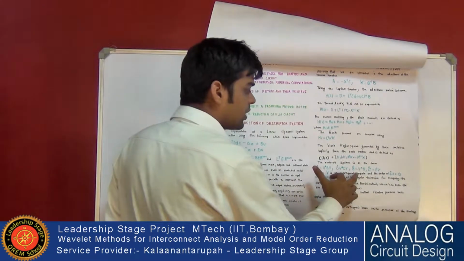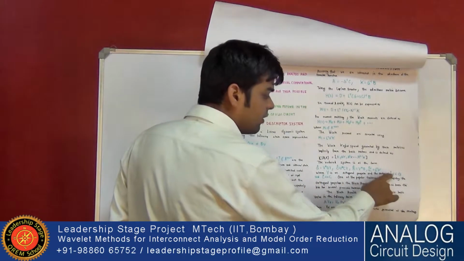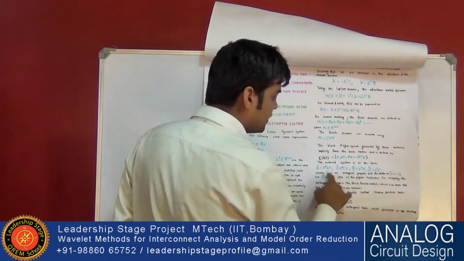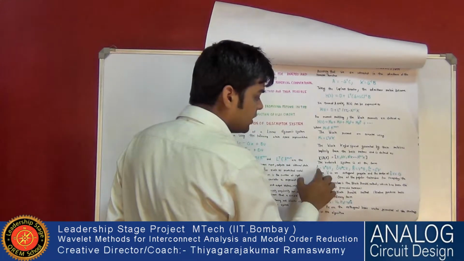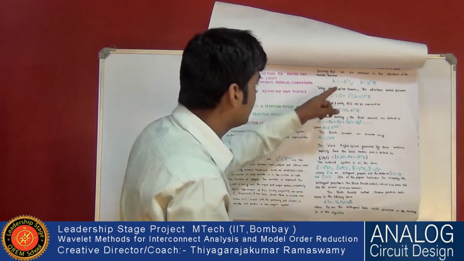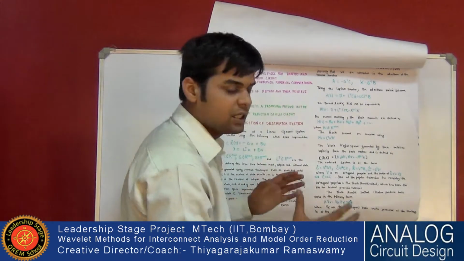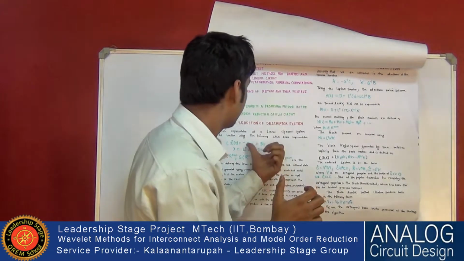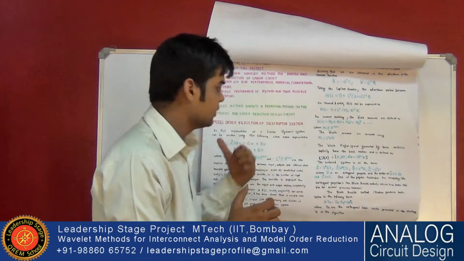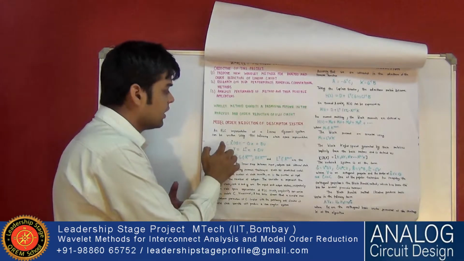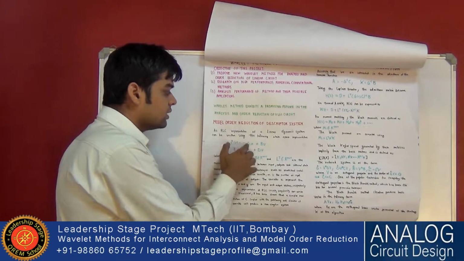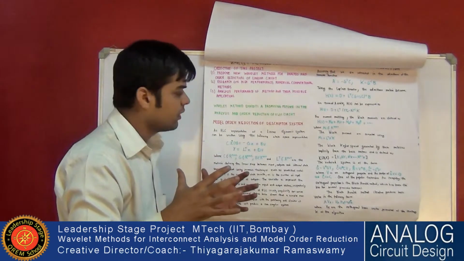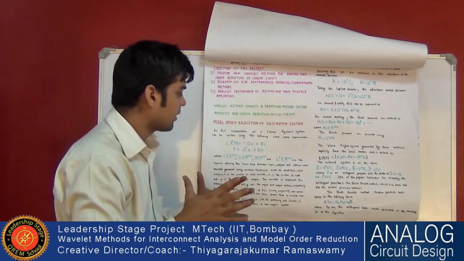V is the orthogonal projector, and here we assume that the reduced order is much less than the original order, because after reducing, let's see, two matrices C and G. When you reduce the model, we can reduce the order of the matrices.